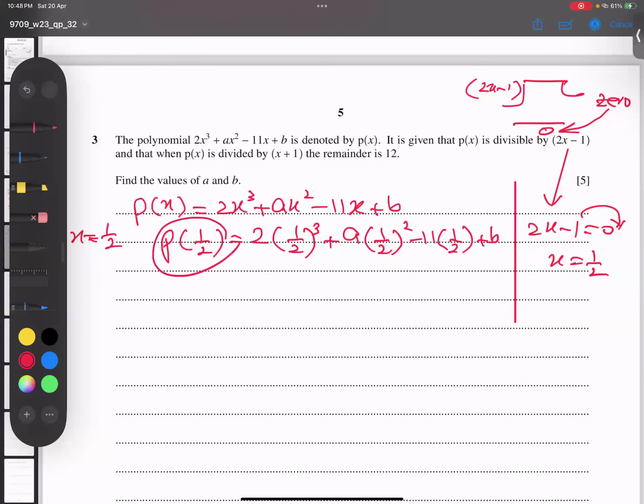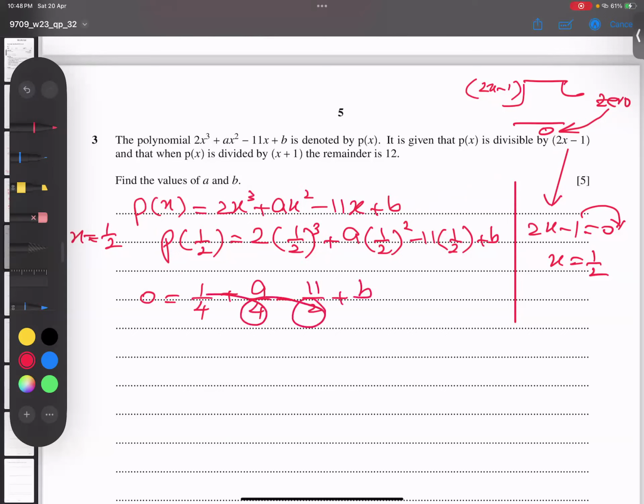This is equal to the remainder, right? And I'm going to write here 0. So this 8 cancels, we get 1 over 4. Here a over 4. Here 11 over 2, plus b.